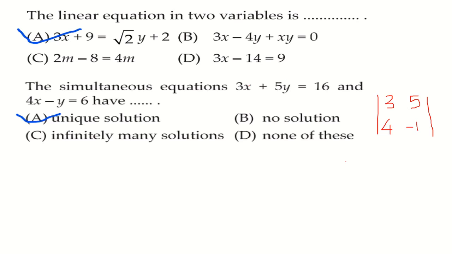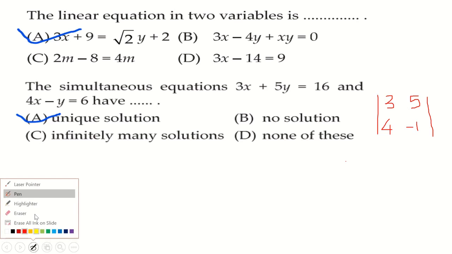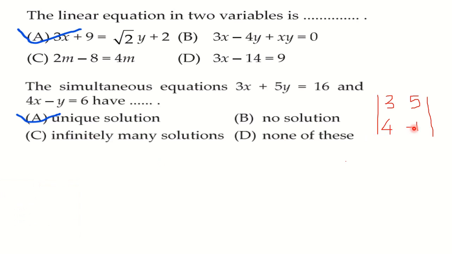Okay, so from here we have taken two coefficients, which are 3 and 5, that we wrote as the first row, and from here we have taken 4 and -1. Now find out the value of this.